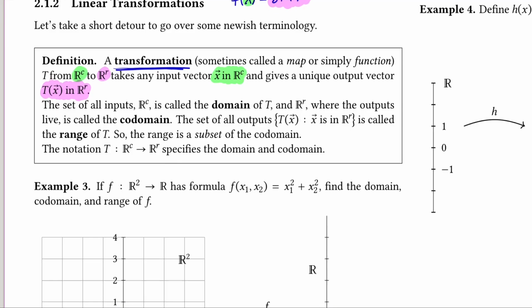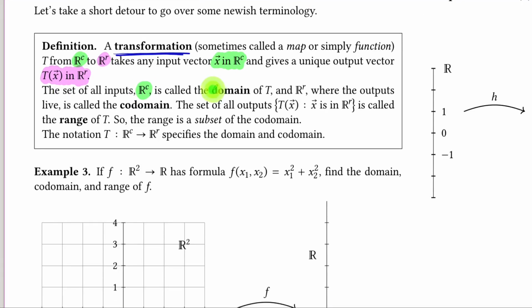Now, the set of all inputs, R^C, is called the domain of the transformation, and R^R, the set of all vectors with R entries, where the outputs live, is called the codomain. The set of all actual outputs that you get is called the range. So the range is a subset of the codomain.